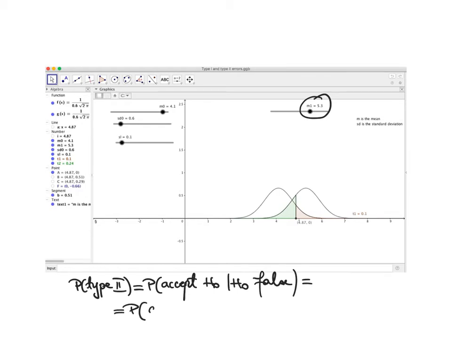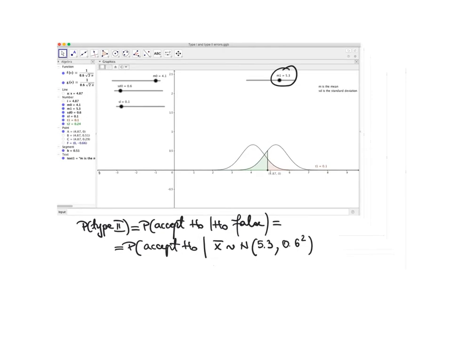So it's the probability of accepting H0 given that the true distribution, which generally is a distribution of the sample means, is normally distributed with not 4.1 but 5.3 now according to my diagram, and the standard deviation is 0.6 squared. I assume that in this standard deviation the sample size was accounted for. Otherwise I will need to apply the central limit theorem.